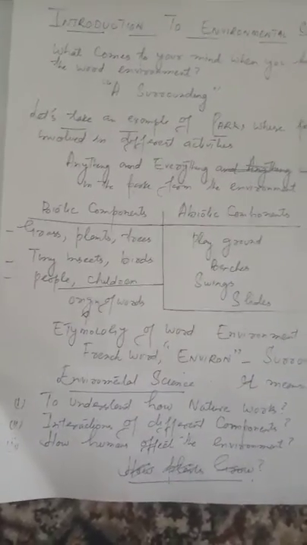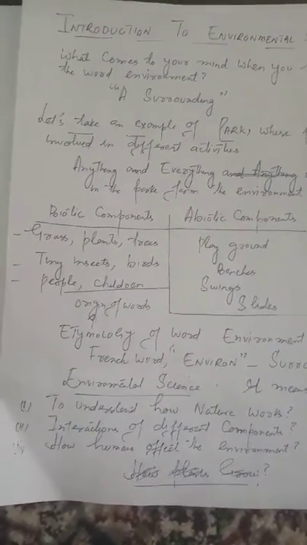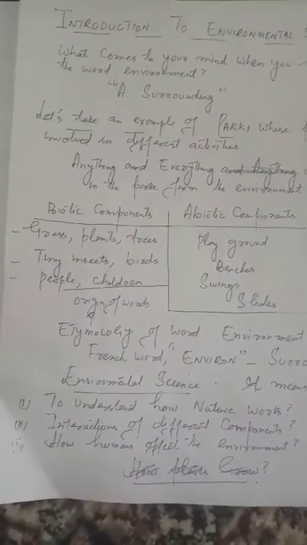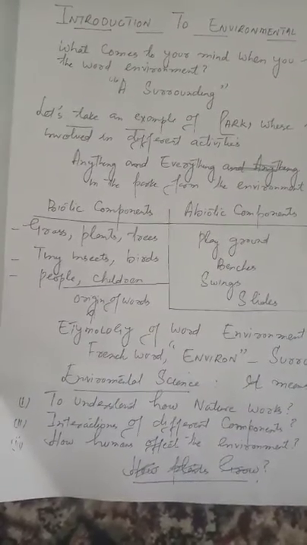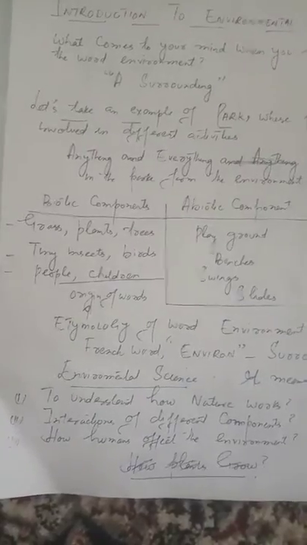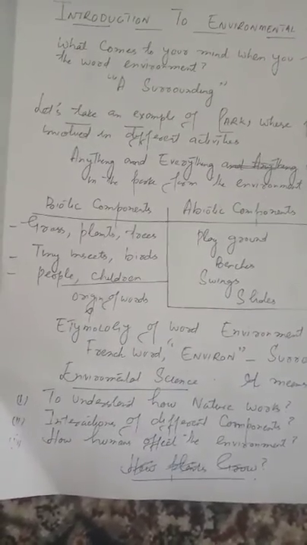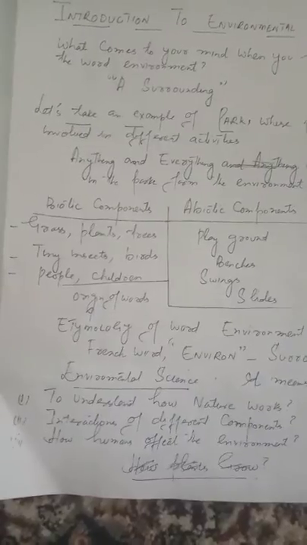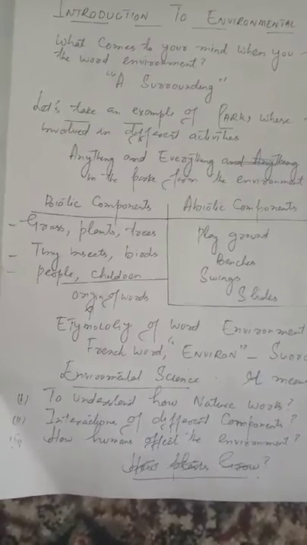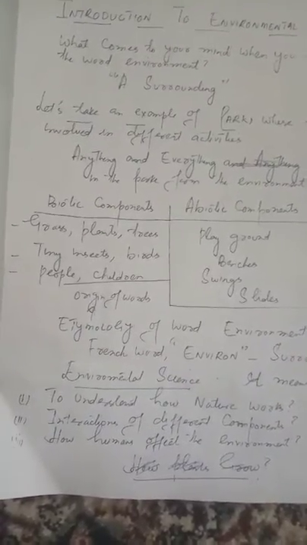So when we observe it, we see there are two categories of things. We can categorize all these things into two components. First is grass, plants, trees, insects, birds, people, children, human beings.